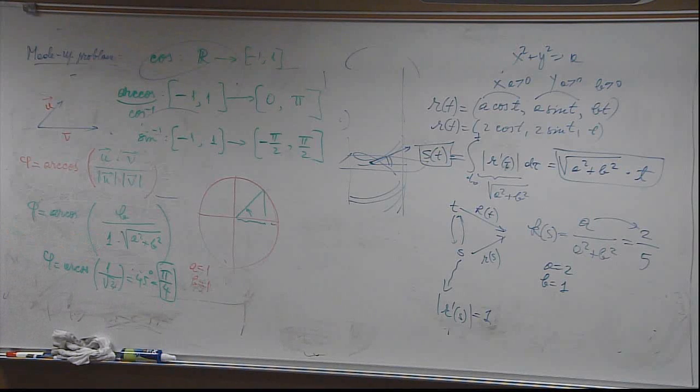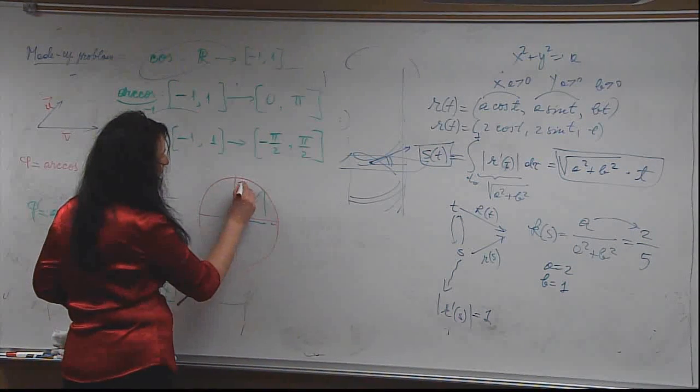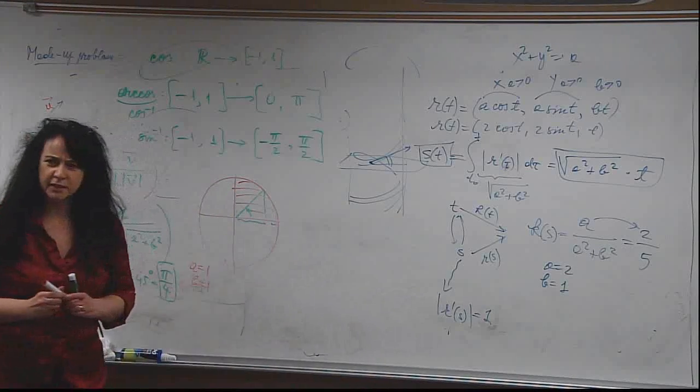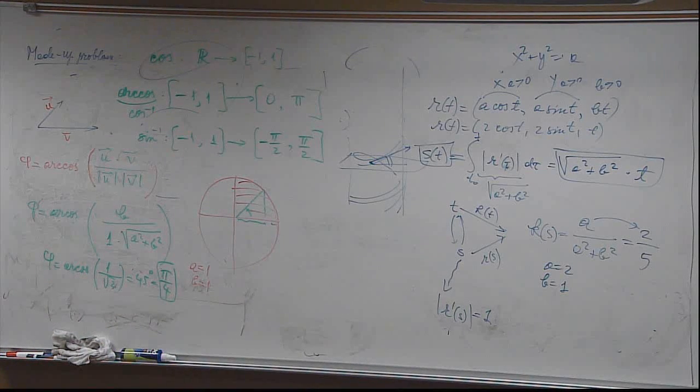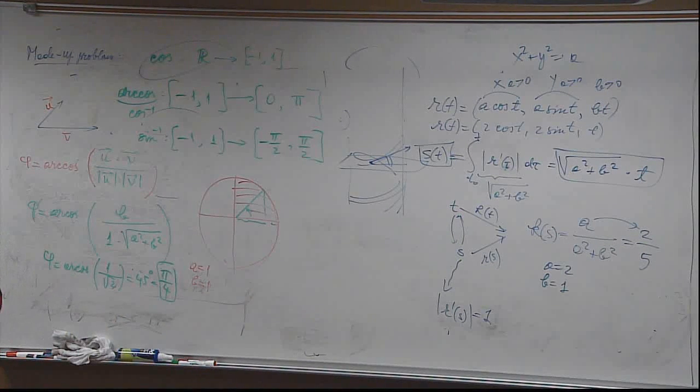Arc cosine of a positive number is between 0 and pi over 2. So it's going to be only this quadrant. Does that make sense? Yes, think with the imagination of your eyes, or the eyes of your imagination. You have a cylinder, and you are moving along that cylinder, and this is how you turn.